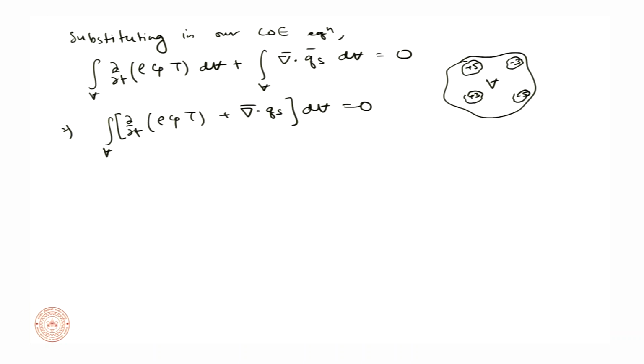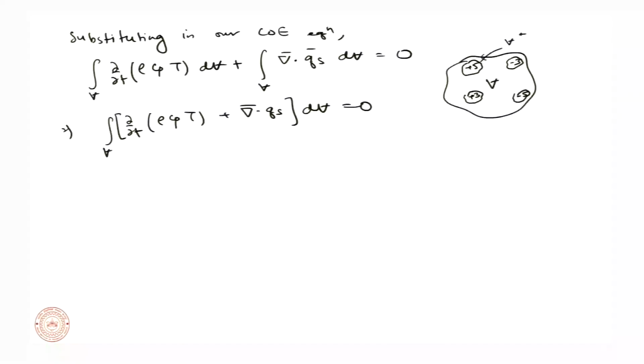But if this is an arbitrary volume V, this bigger volume, then these small ones are also arbitrary volumes, say V star, right. Then this integration should also hold in the smaller components of a larger volume. That is not possible if you take positive and negative values. So, it is not an ensemble 0. It is at each individual element that this equation should be equal to 0. For that case, you can have two outcomes.